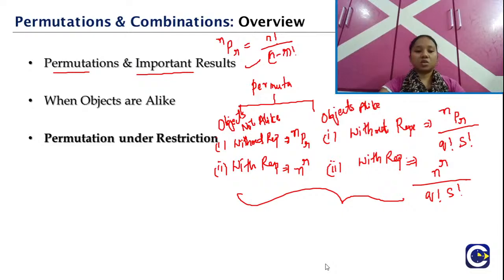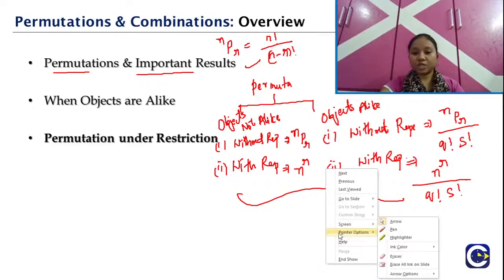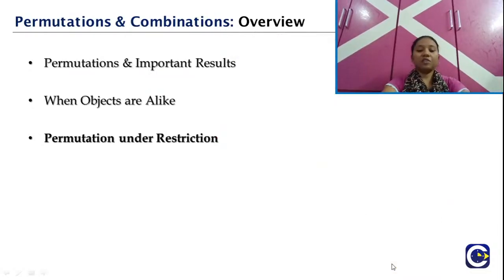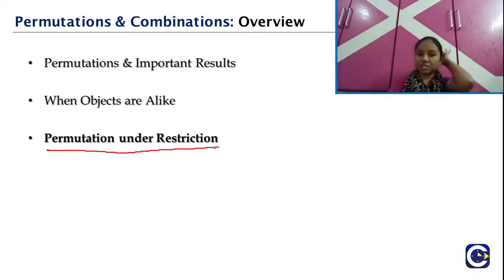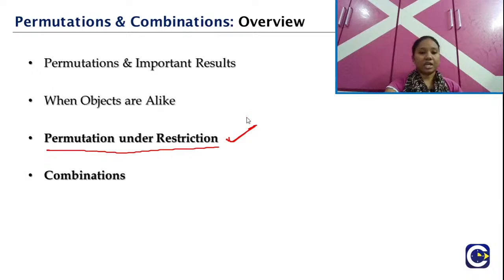Coming back to today's session, we are going to continue the permutation part and start discussing permutation under some restrictions. So far we haven't discussed any permutation condition under restriction, so we are going to look into that today.